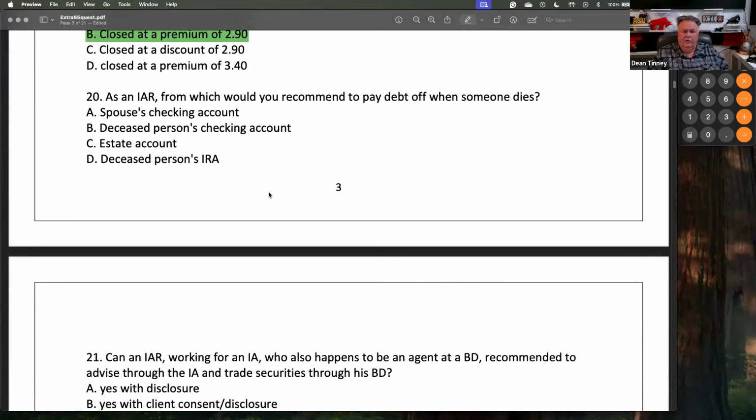As an IAR, from which would you recommend to pay debt off when someone dies? Who's got to take care of expenses when someone dies?